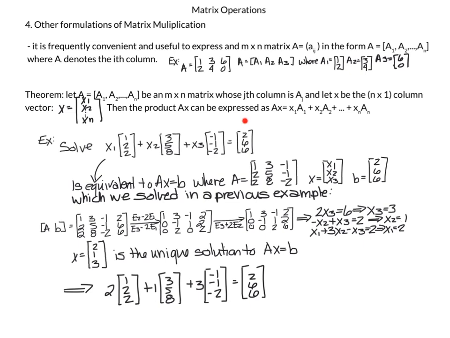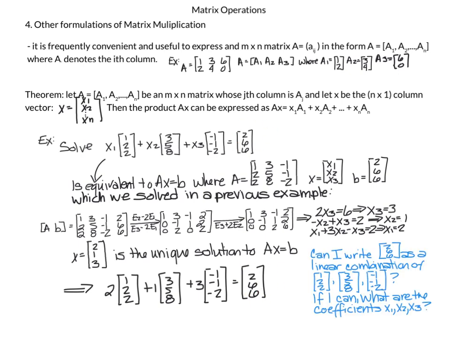But as far as writing 2, 6, 6 as a linear combination of the three vectors, that means if we take the 2 and multiply 1, 2, 2, plus the 1 and multiply 3, 5, 8, and the 3 and multiply by 1, negative 1, negative 2, you will see that we get this vector here, the 2, 6, 6.